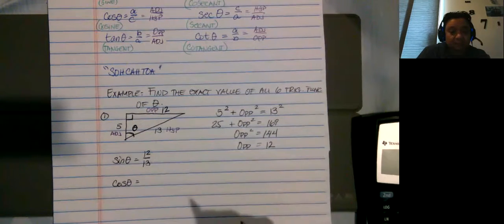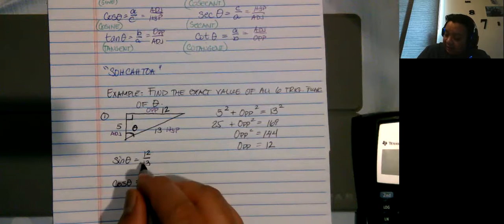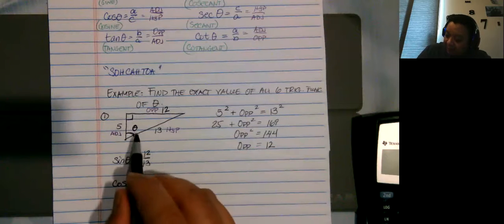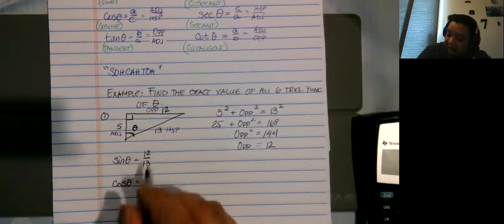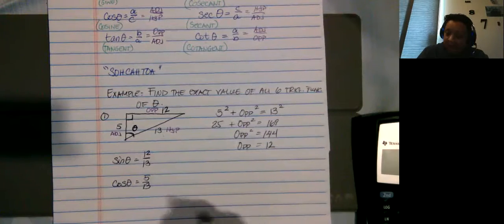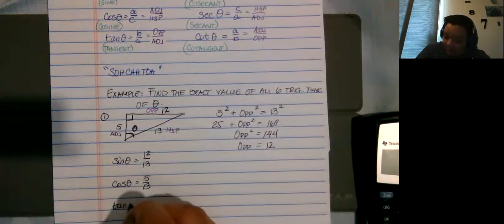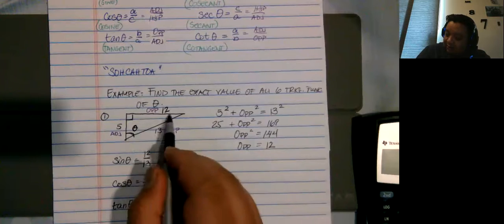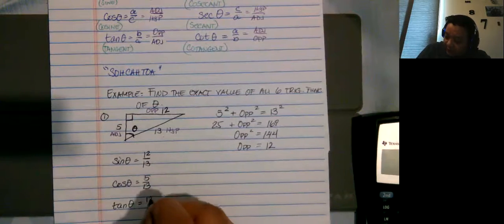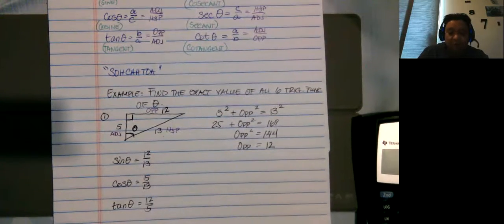And then cosine theta. So cosine theta is adjacent over hypotenuse, so it's 5 over 13. And then tangent theta, it's opposite over adjacent, so that would be 12 over 5.